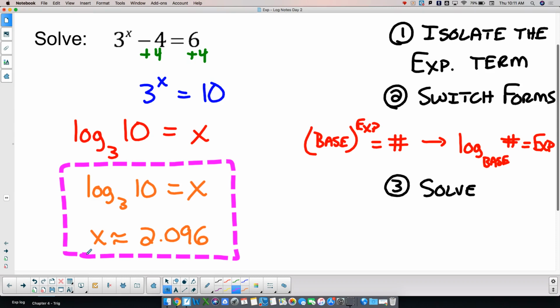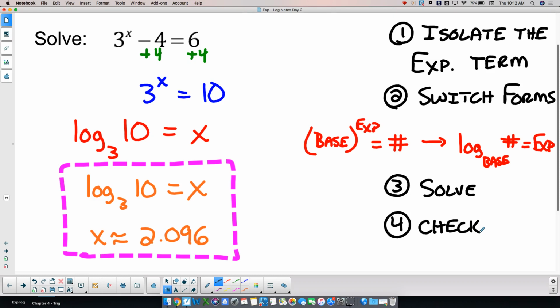And then lastly, we should get in the habit of checking those answers. If you have one of those nice scientific type calculators that has the ANS key, usually on the TI-30s, it's the shift of the negative key.